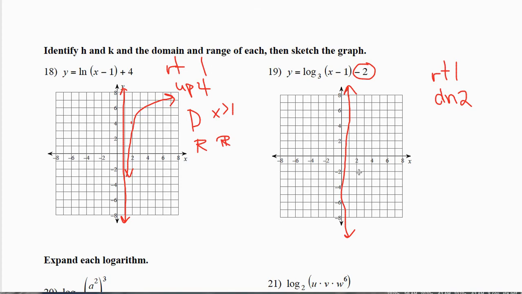So we move our 0 down 2. And here's our quick sketch. So what do we have here? We have that our domain is going to be everything greater than 1, and our range is going to be all real numbers.